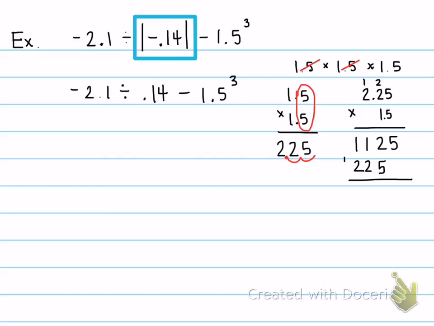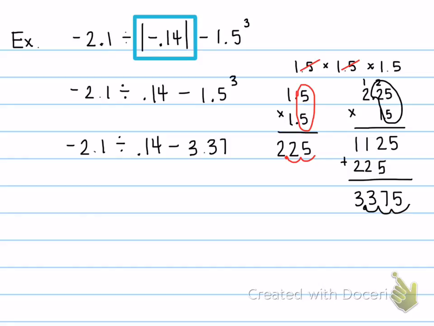So I am looking at 5, 7, 3, 3, and I see that there are 3 numbers after the decimal, so I'm going to go 3 spaces over. So when I rewrite this problem, I have negative 2 and 1/10 divided by 14 hundredths minus 3 and 375 thousandths.